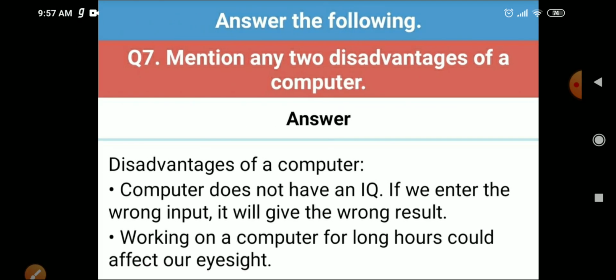Next is, mention any two disadvantages of a computer. The disadvantages of a computer are: a computer does not have an IQ. If we give the wrong input, it will give us the wrong result. Working on a computer for long hours could affect our eyesight. So these are the disadvantages of the computer.